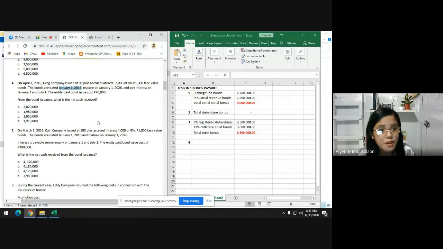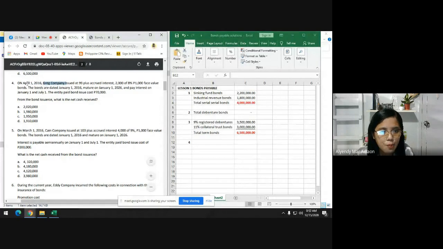So from DEF company, di ba pwede man mapasa ang bond? So let's say, gipasa niya kang Greg Company on April 1. Okay, so that means, it is not necessary nga si Greg Company, April 1 pa niya, gipalit, April 1 pa po mag-start og tubo ang interest. Because, since the date of the bonds is January 1, 2016, by that time, the interest will now start accruing.